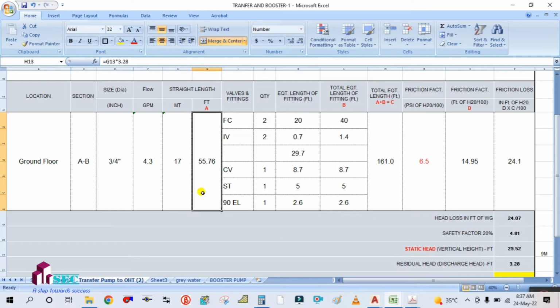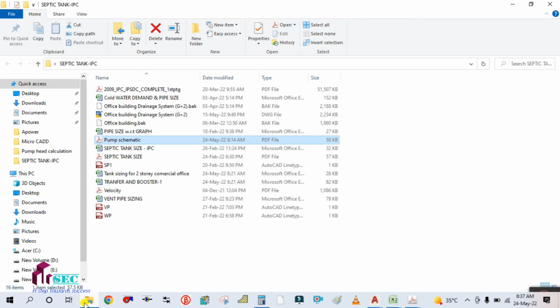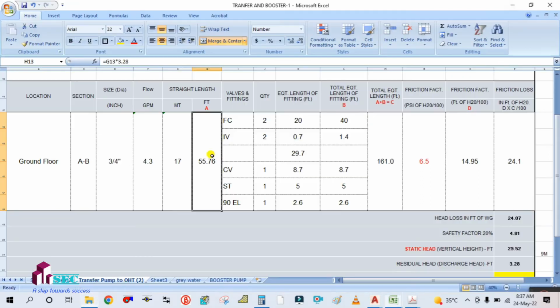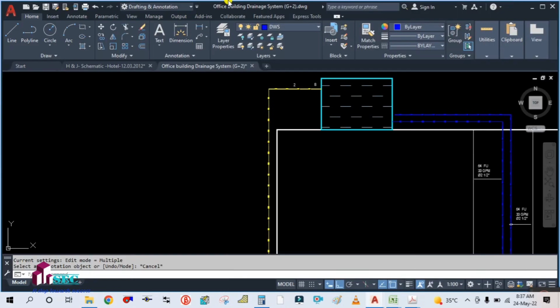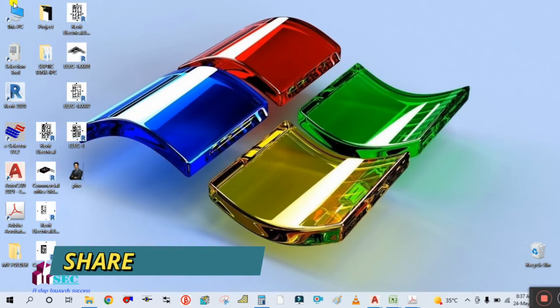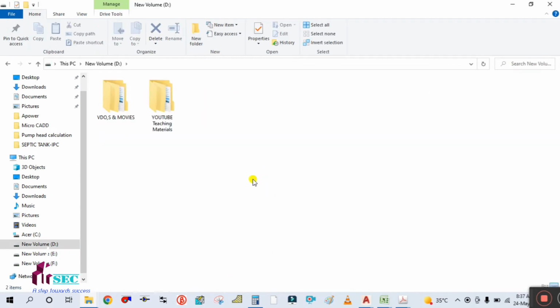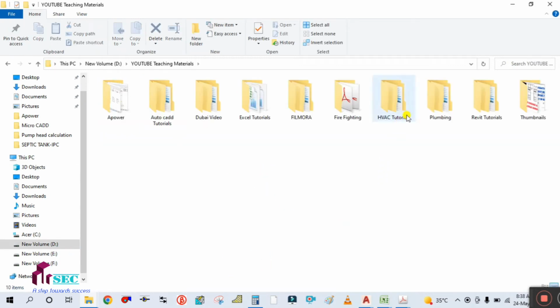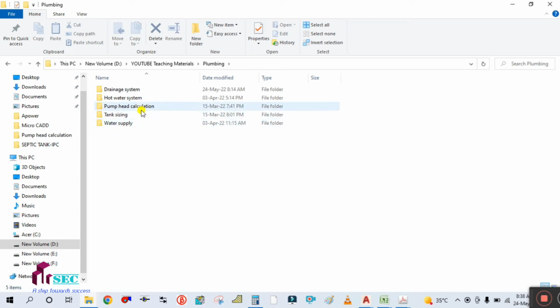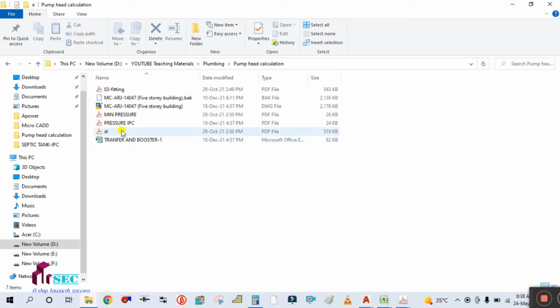Elbow is one number, and then we have to check the equivalent length of the fitting. So how to check this? We need to open the fitting catalog. Let us open this and go to YouTube materials, then plumbing, then pump head calculation, then fittings.